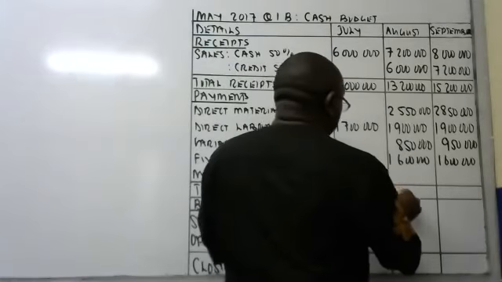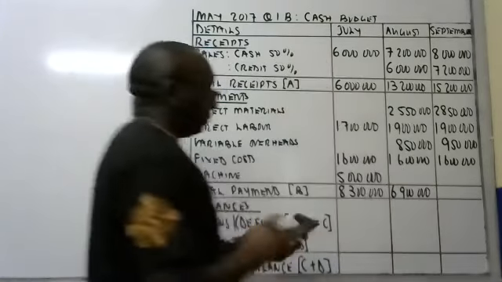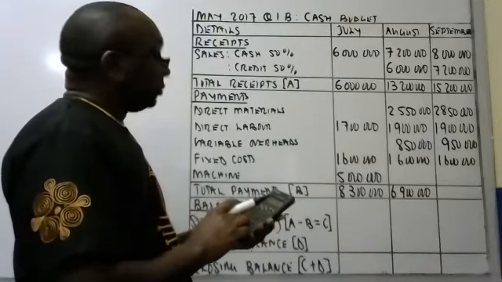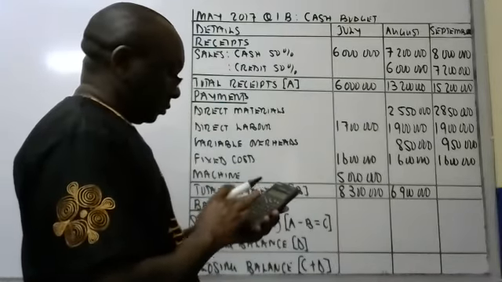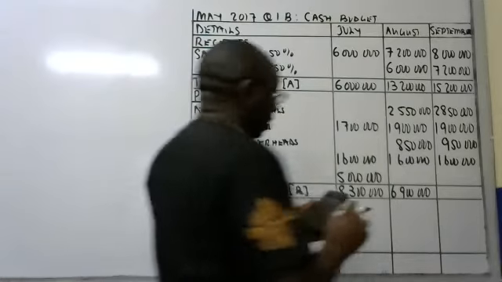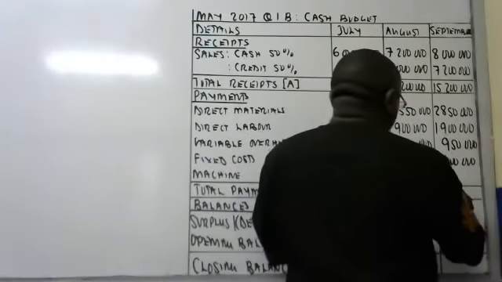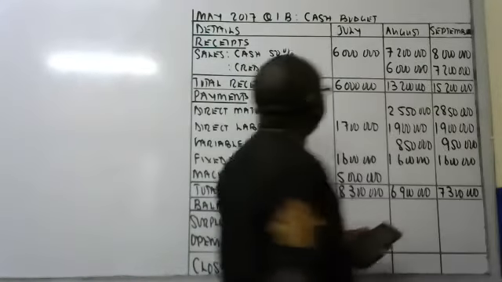This is 6,900,000. And this is 7,300,000.